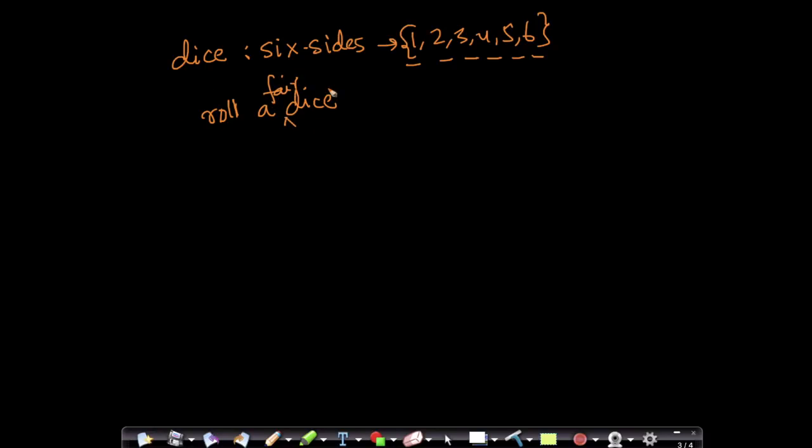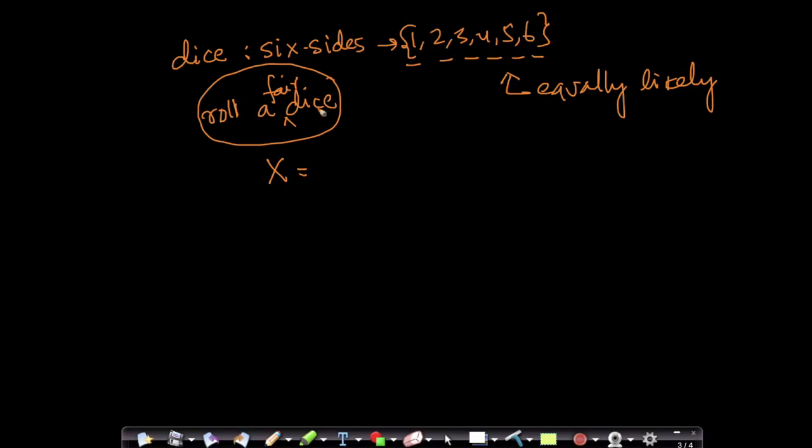If I roll a fair dice, I can get any of these outcomes, and all of these outcomes are equally likely. So I could define a random variable x, which is the outcome of an experiment. The experiment here is nothing but rolling a dice, and rolling a dice is an experiment which can have a random outcome.